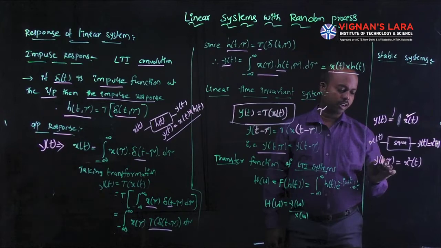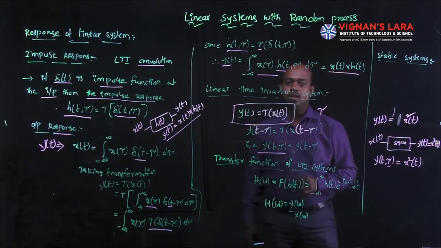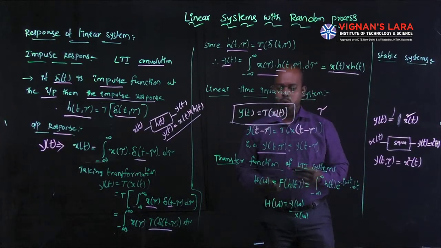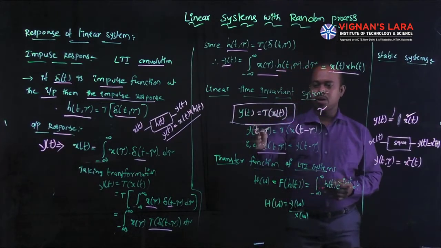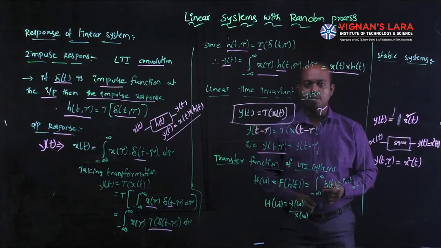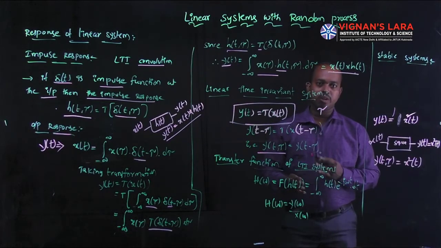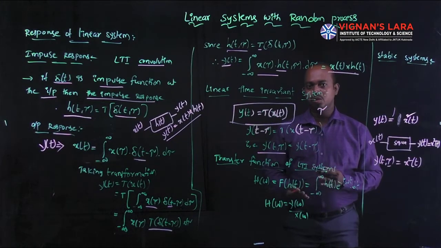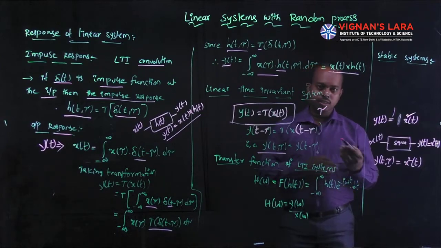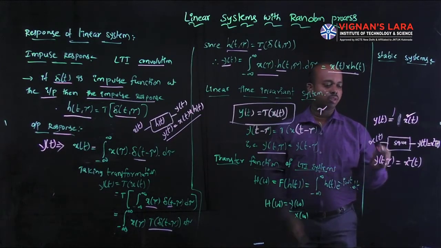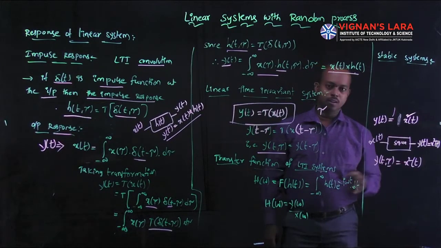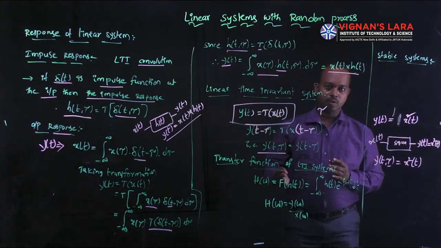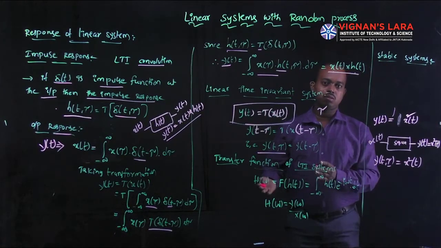Here t is the normal time, and tau is a time difference. If some change is made in the time parameter, the same change will appear on the system output, and if both are equal, the system is time invariant.